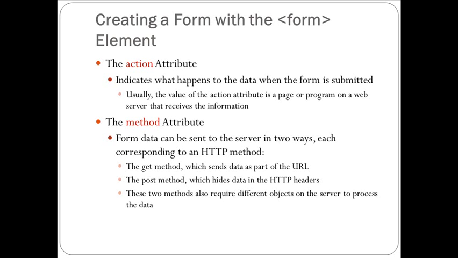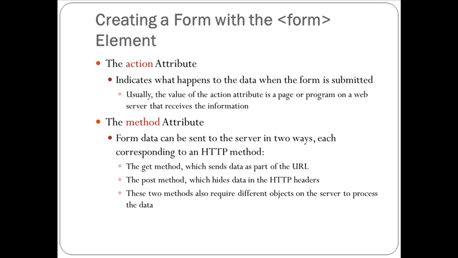The method attribute has one of two values. It either has a get value or a post value. And this is the way that the information is actually sent to the server. With the get method, where method equals get, it sends the data as part of the URL.